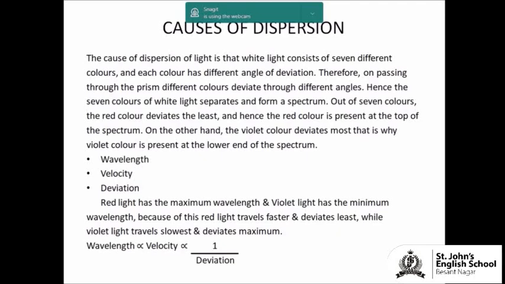So in simple words, the cause of dispersion is the difference in wavelength of these different colors in the white light. Red light has the maximum wavelength and violet light has the minimum wavelength. So in any medium, red light travels fastest and deviates least, while violet light travels slowest and deviates maximum. That is, wavelength is proportional to velocity and inversely proportional to deviation.